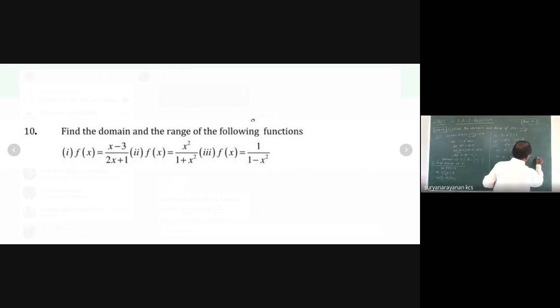This belongs to R, implies y greater than 0, and this also should be greater than 0. This also should be a positive real number. Under the square root, it should be a positive real number. So y greater than 0, y greater than 1.